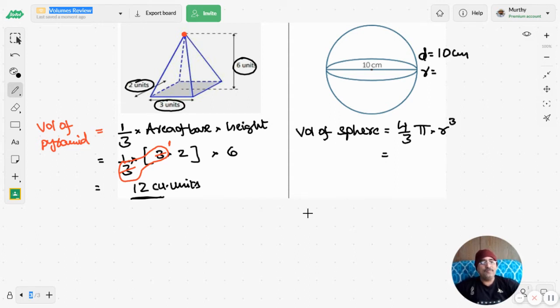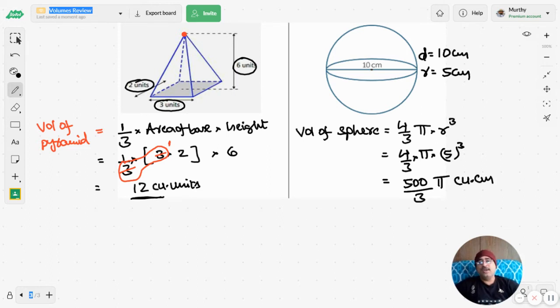Radius is half of that, so half of 10, that gives me 5 centimeters. So 4/3 pi, radius is 5 cube. 125, 250, is it 500? Yes. You may make use of calculator. You'll end up with 500 over 3 pi cubic units, so cubic centimeters.